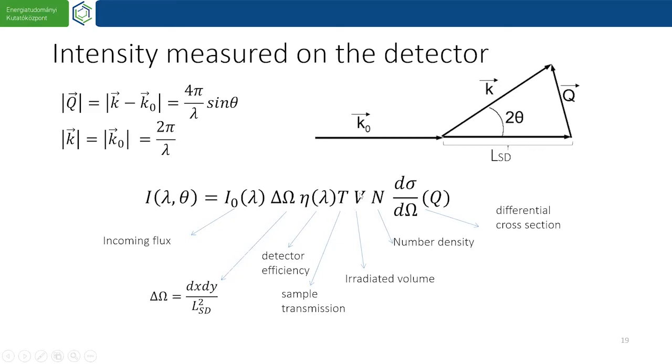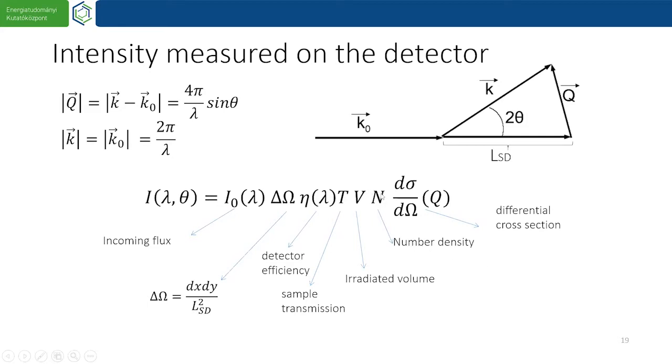Now the irradiated volume is roughly 1 centimeter, which is the beam size falling on the sample. These last two factors are usually taken together and they give the differential cross-section of the whole sample with a proper normalization. The number density stands here separately.